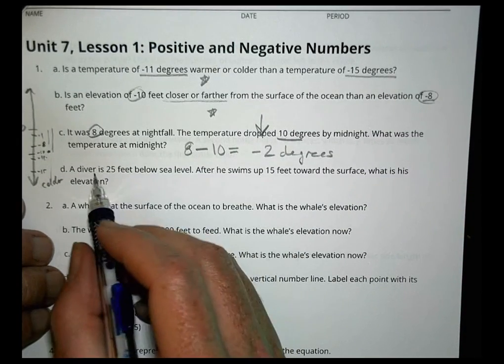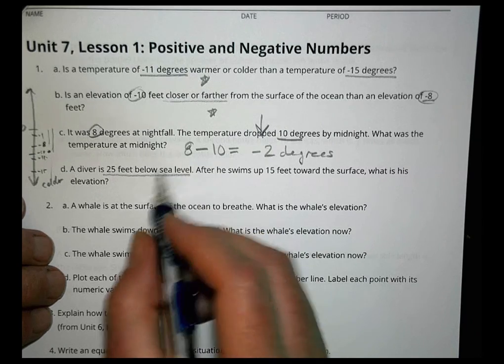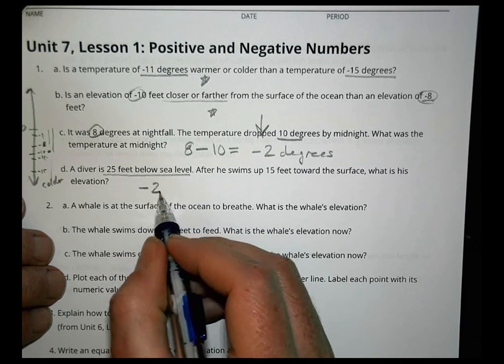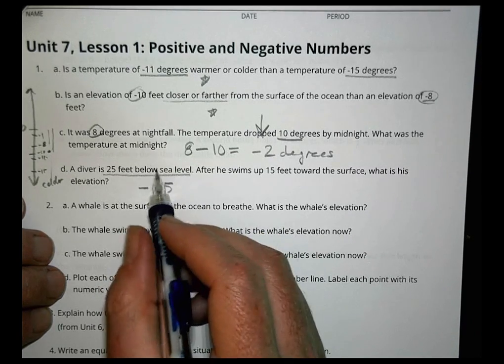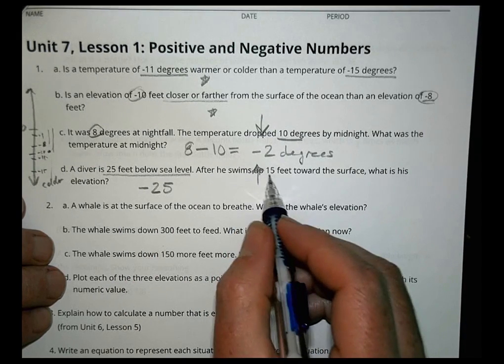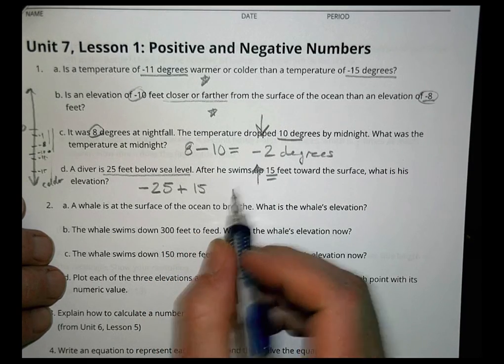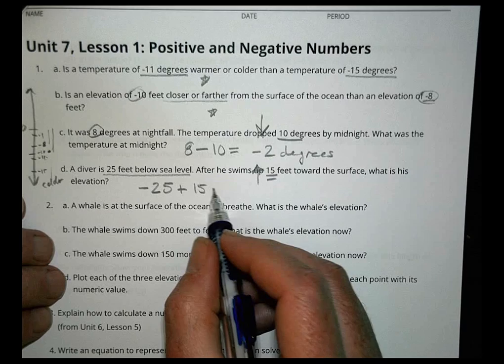And the next one, the last one here, a diver is 25 feet below sea level. So what does that mean? What's his location? Negative 25, because he's below sea level. Then he swims up, so we're going to be adding 15 feet. Swims up 15 feet toward the surface. What is his elevation?